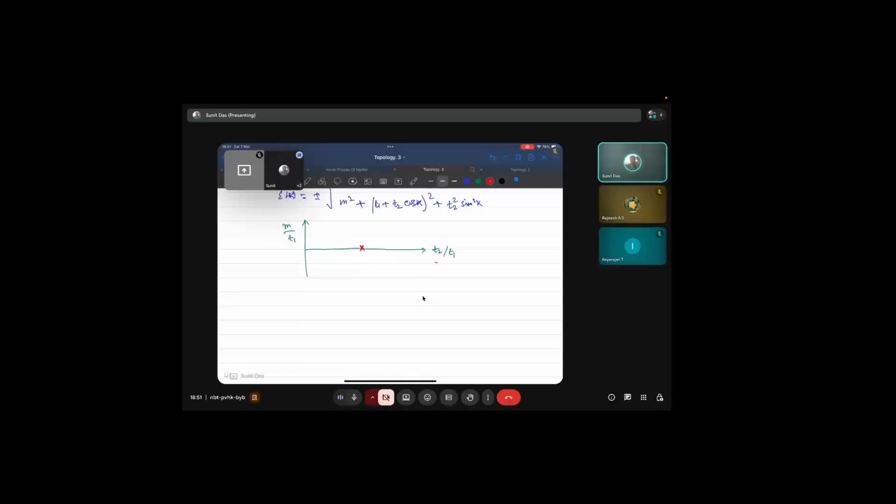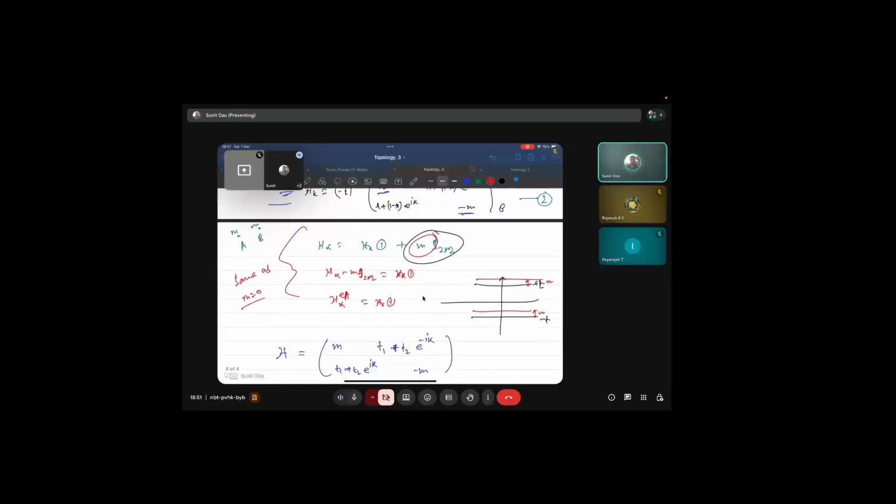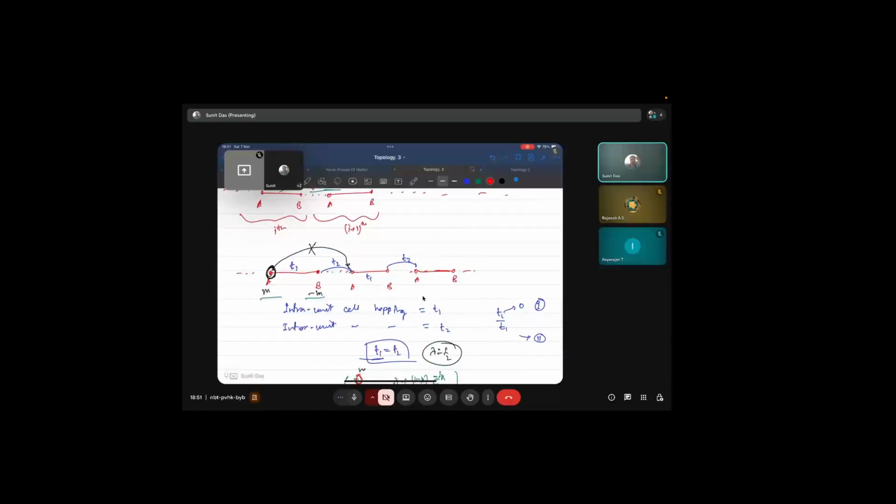So this is my T2 by T1 axis, right? When T2 is 0, that means we are in case 1, the trivial insulator. Here, when T2 is 0, there is no inter-unit cell hopping, so we go back to the trivial case.